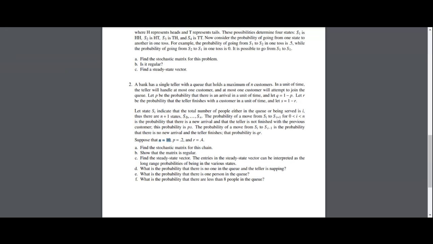Okay, and so for this problem, let me just go to the whiteboard then. For this problem number 2 here, you're going to have a big matrix.